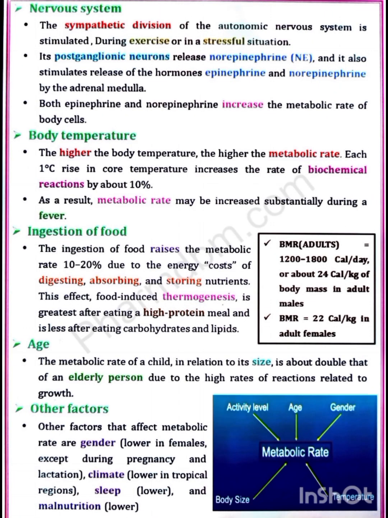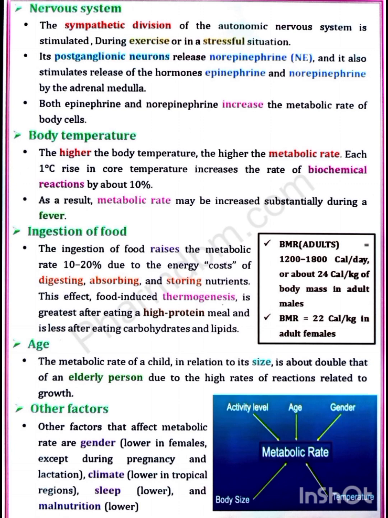Nervous system. The sympathetic division of the autonomic nervous system is stimulated during exercise. In a stressful situation, its postganglionic neurons release norepinephrine and it also stimulates the release of the hormones epinephrine and norepinephrine by the adrenal medulla. Both epinephrine and norepinephrine increase the metabolic rate of body cells.